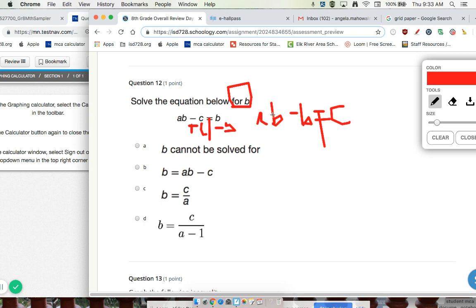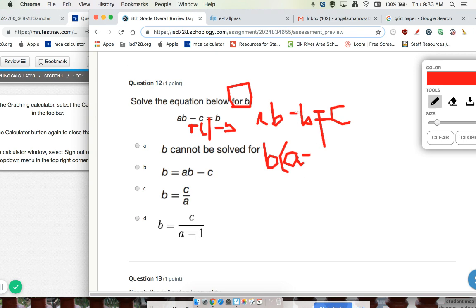So I can use the distributive property to take it away. So I'm going to take b away from both of those terms. And then you use parentheses for the distributive. If I take b away from ab, I'd have an a left, minus. If I take b away from the b, you'd have 0.